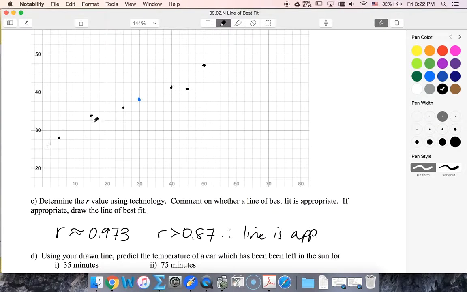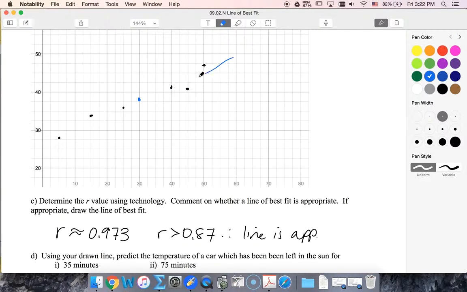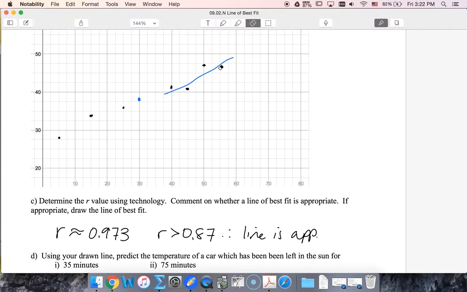So I'm going to draw that in. Remember, I'm going to go through my mean point. So if I'm drawing it by hand, I'm going to go through my mean point. Let's make sure that it comes out straight. What is going on?